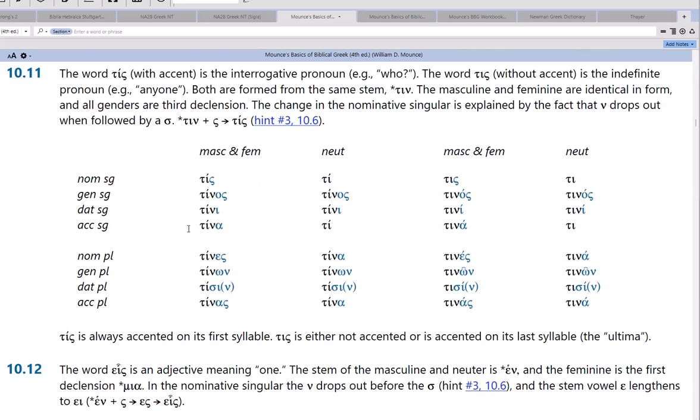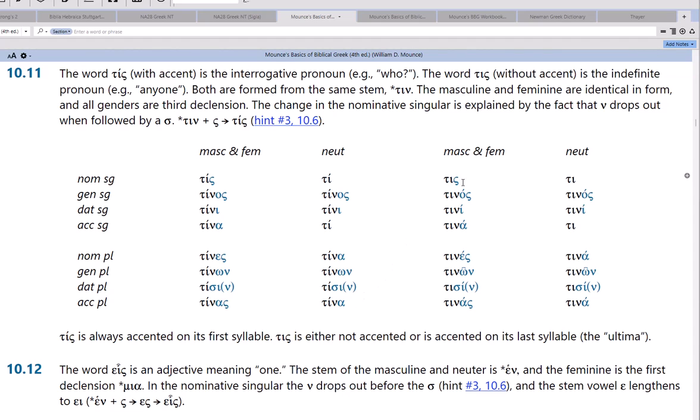We see the table here, 10.11, and you see the various forms here. So masculine and feminine are the same. This is what we often see in third declension nouns, and then the neuter is still third declension, but it's a little bit different. So we still have the characteristic endings.